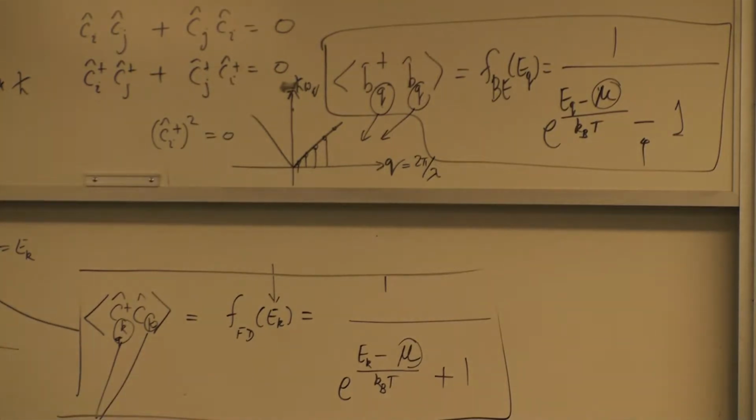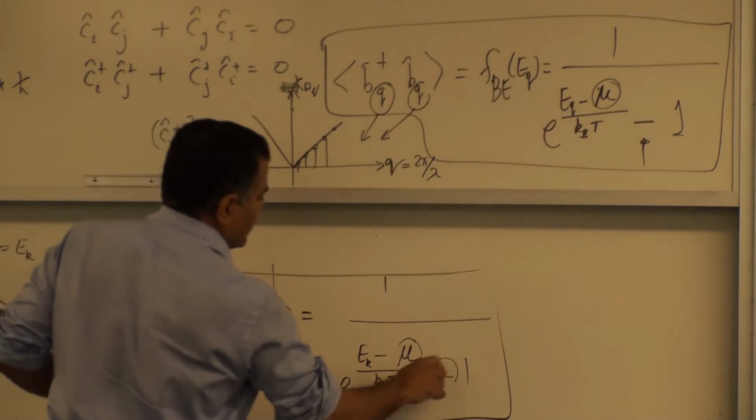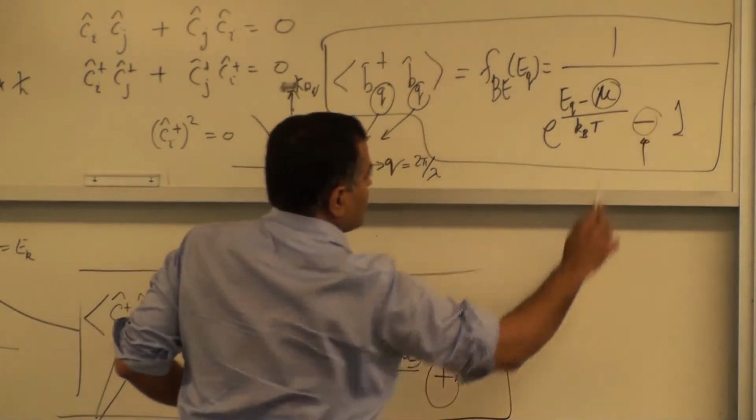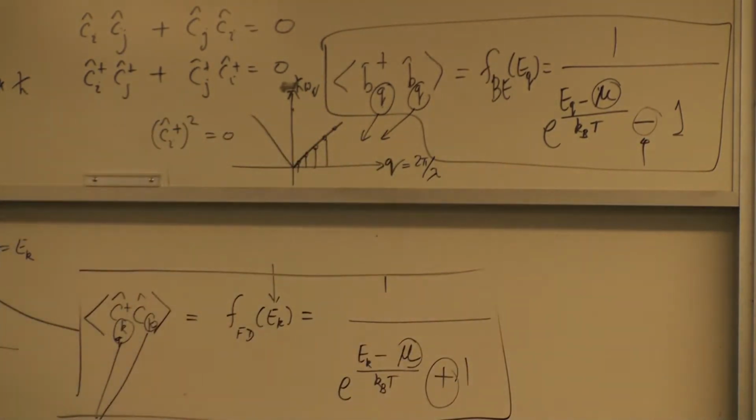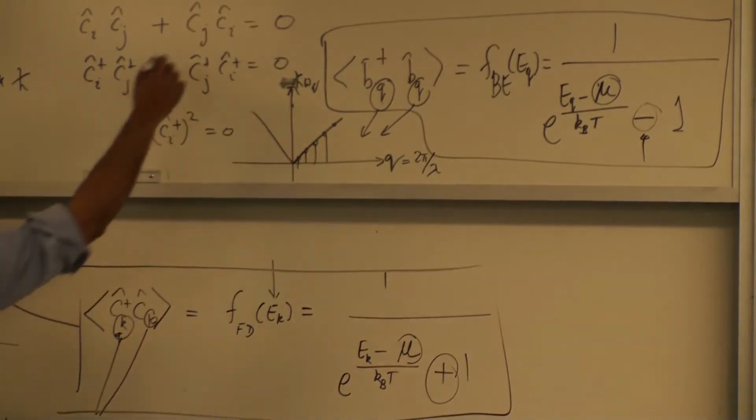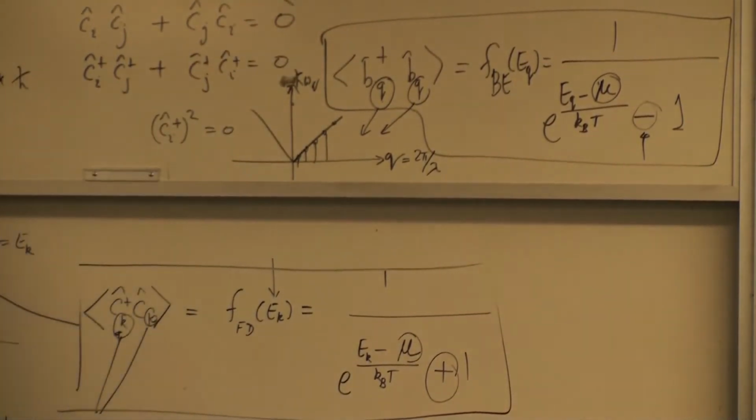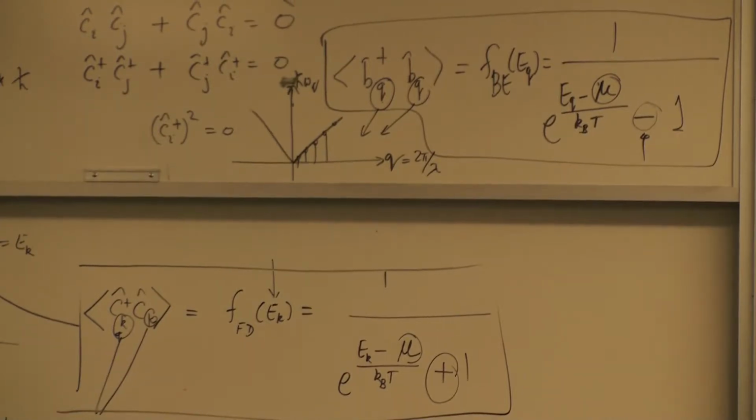Okay, so now based on these two distributions, and this sign can really be tracked down to the plus versus minus, as we just mentioned.